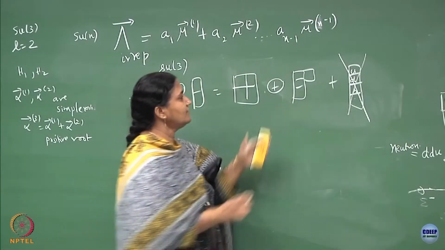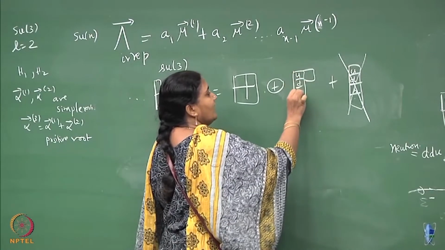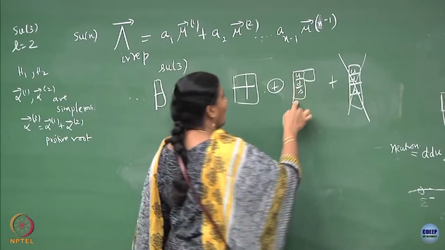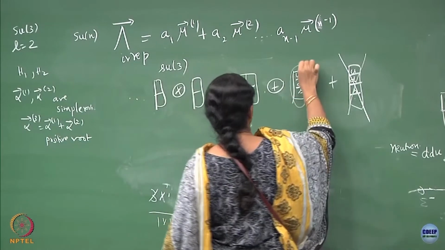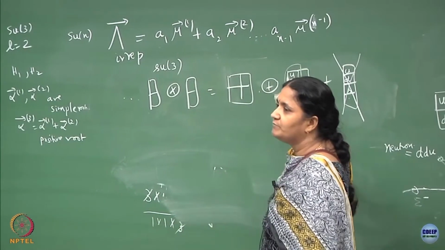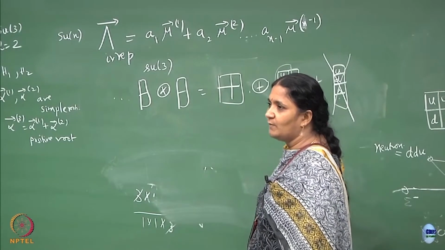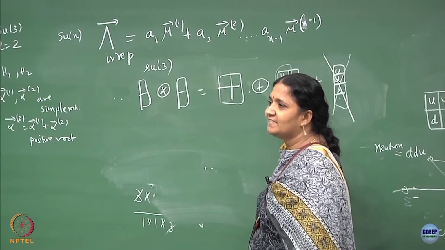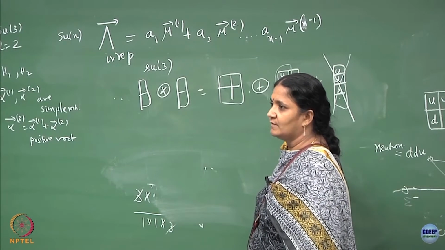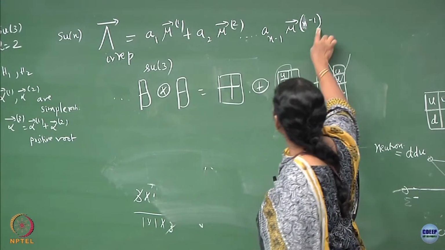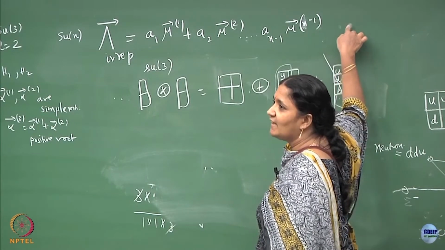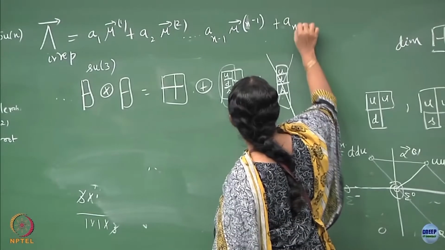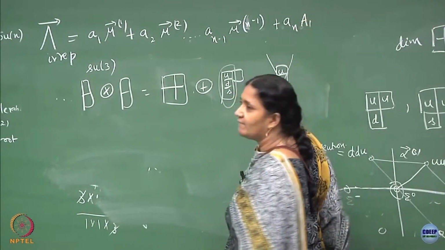What about this? UDS is forced here and this is just one dimensional. This I explained, that any object with a vertical column of n boxes is like a trivial representation multiplied with things. Okay. So I can add any number of them with a trivial unit representation. I can call that A1, by our conventional notation.